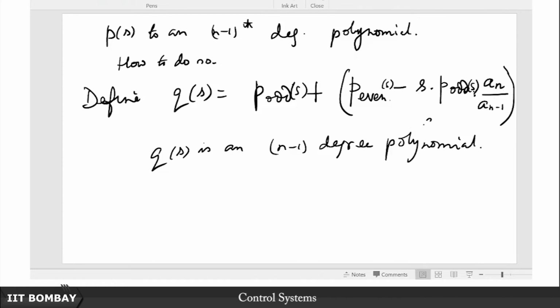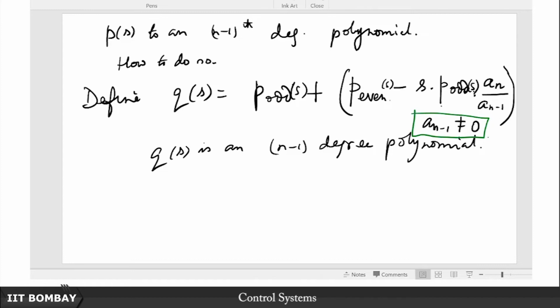The only thing you need then is that an minus 1 should not be 0. This is an important requirement. Later on we shall see that sometimes this singularity arises for several reasons, for some glitch in the system, and then we have to take some precautionary measures or some bypassing techniques. But for the general case, let us say this an minus 1 does not vanish and we do not encounter this sort of a singularity.